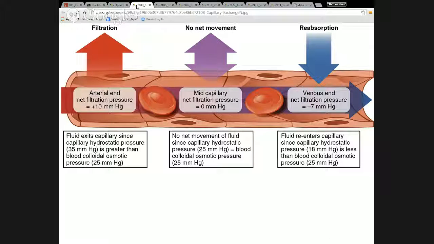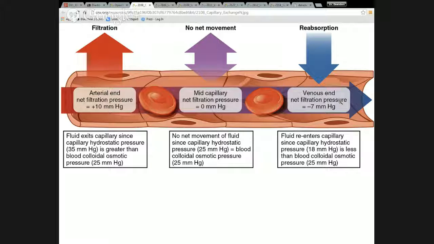Yeah. And that's what they say here. So blood coming in from the arterial side is going to have a pressure of about 35 millimeters of mercury. And when it leaves the capillaries to the venous side, it's going to have about 18 millimeters of mercury, not 16, but whatever. That drop in pressure actually is the basis of why things move in and out of capillaries.